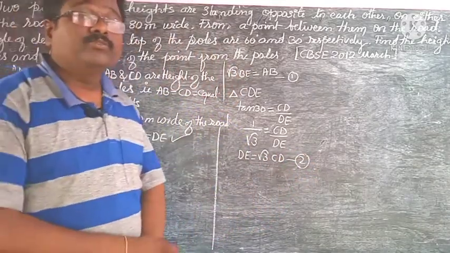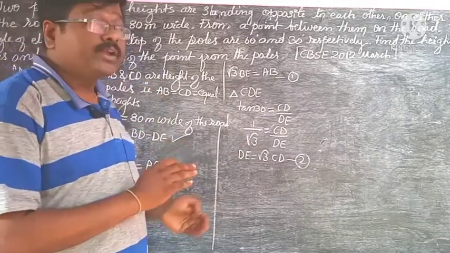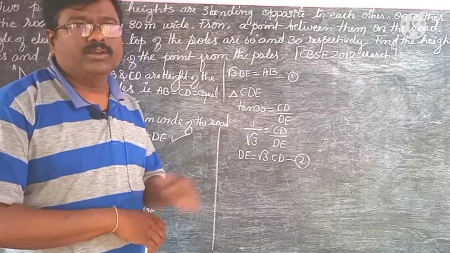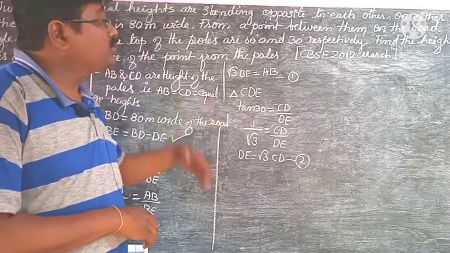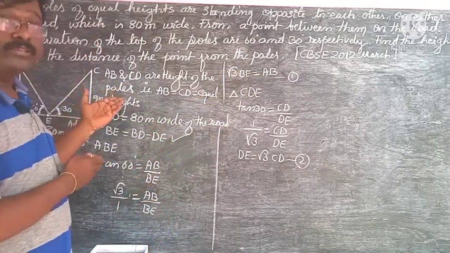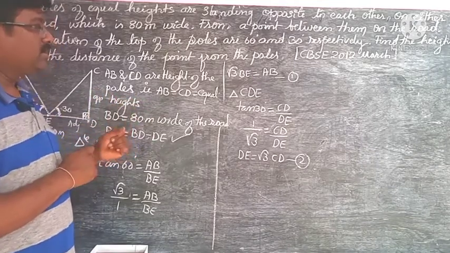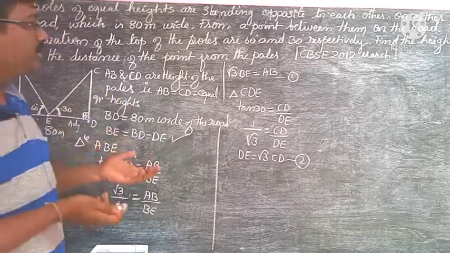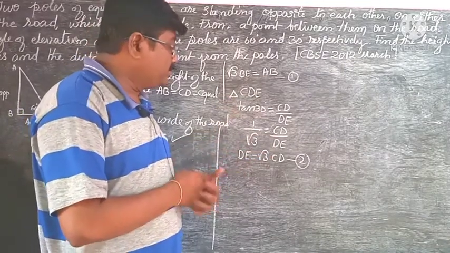After finding equations 1 and 2, you can substitute equation 1 in equation 2, or equation 2 in equation 1. Here we substitute CD instead of AB, AB instead of CD.